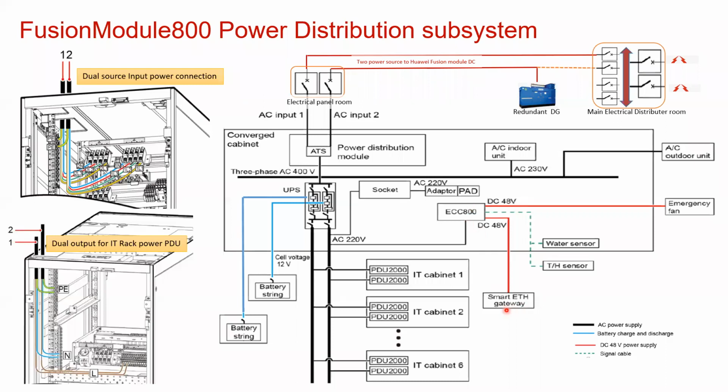Your gateway, fans, or sensors operate on DC power supply, and even your camera is on DC power. So this is the AC to DC converter setting, and the raw power is also available for any third-party integration or third-party systems. This is your raw power system, which can go to outdoor or indoor power subsystems.